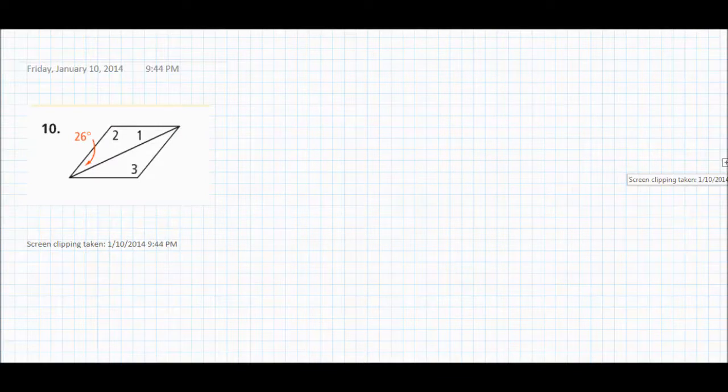Okay, number 10. Again, they're all rhombuses. So we know, again, that each side is congruent to each other, so that forms an isosceles triangle. So we can say the measure of angle 1 must be equal to 26.